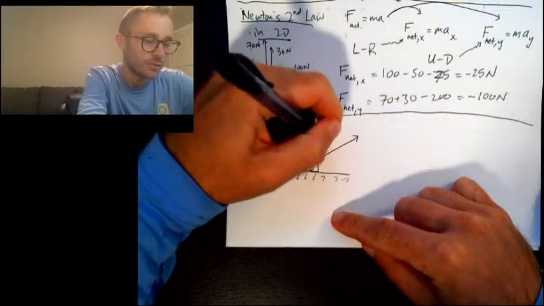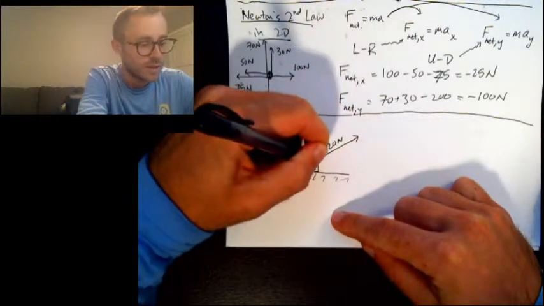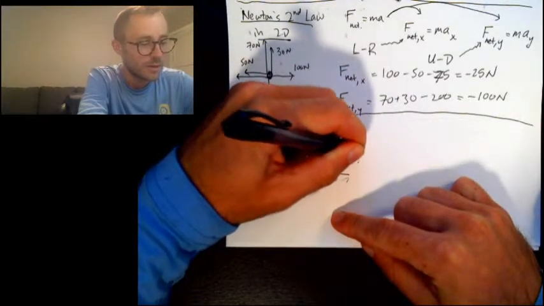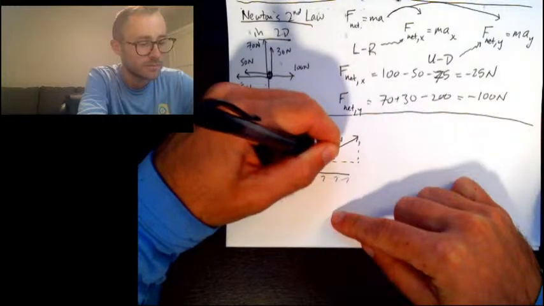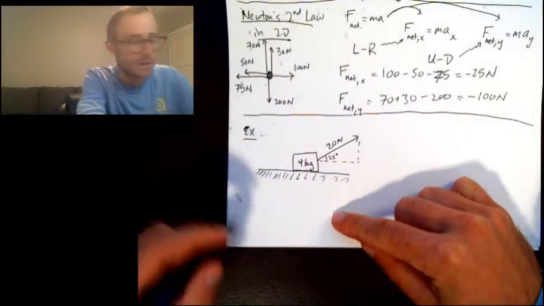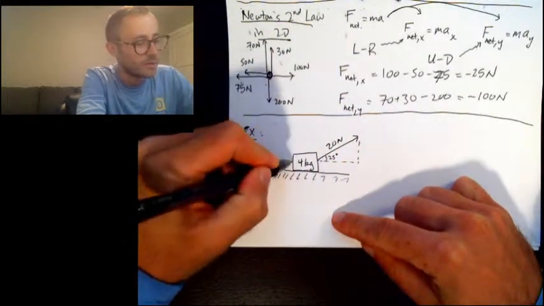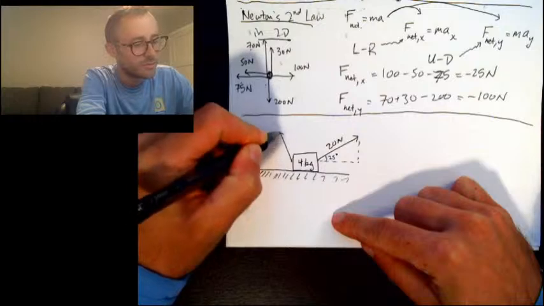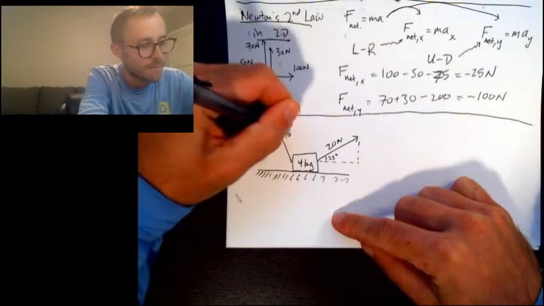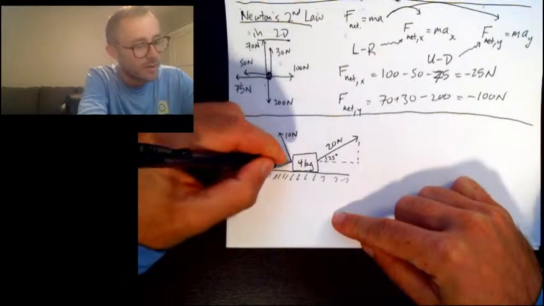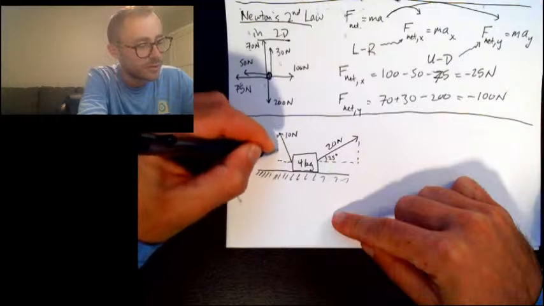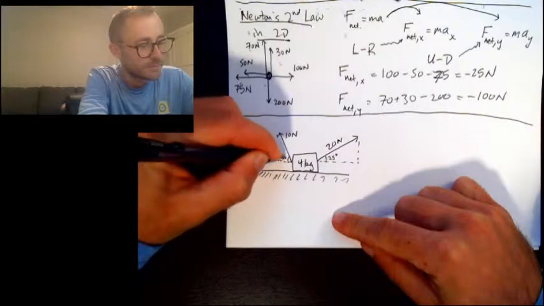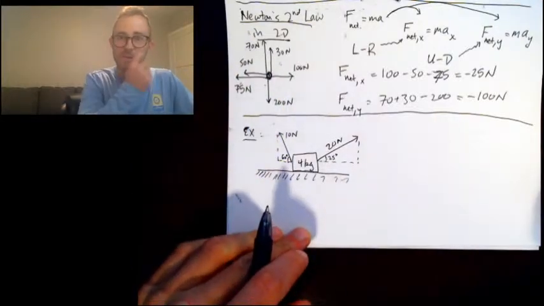One of these forces is 20 newtons at an angle of 25 degrees, and the other one is 10 newtons at an angle of 60 degrees. Okay?